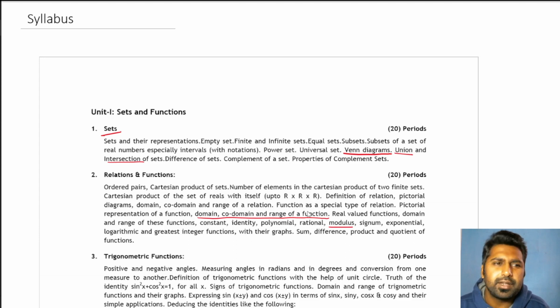If I have to create any slightly difficult question in maths, I'll introduce modulus. So you have to understand how modulus works. Then signum function, exponential functions, logarithmic function, and the greatest integer function. This will be a new thing that you'll study about. We'll talk about their graphs.